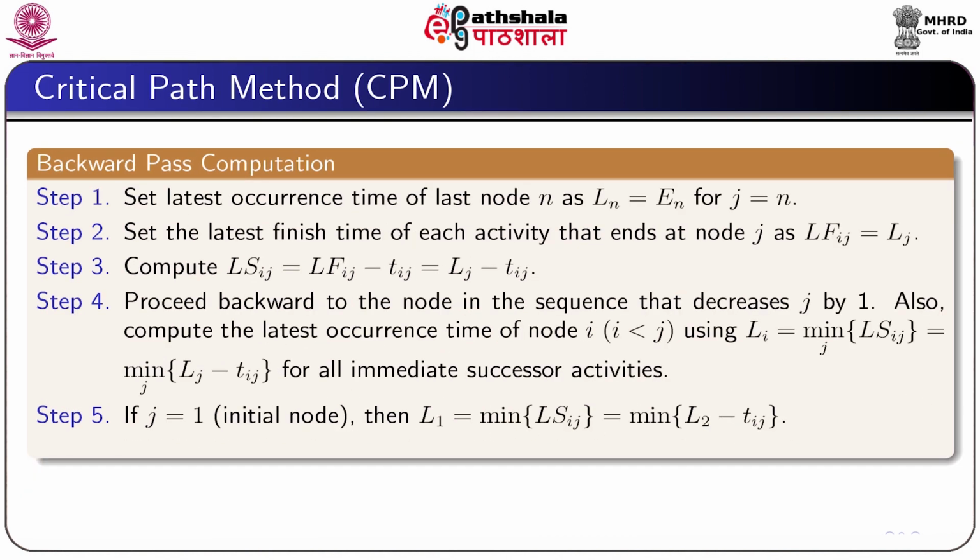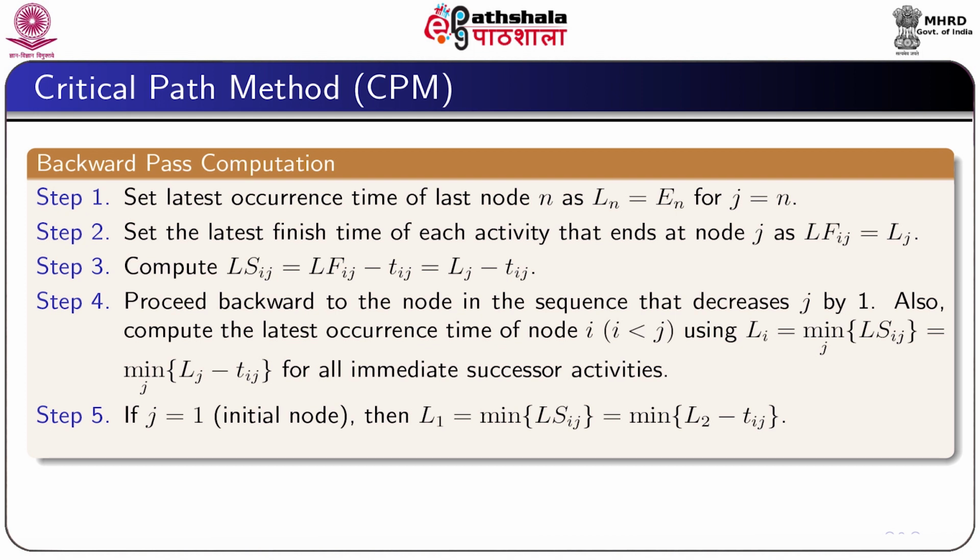Backward pass computation. In this case, for the latest occurrence of last node n, assume Ln equal to En for j equal to n, then set the latest finish time for each activity that ends at node j as LFij equal to Lj.